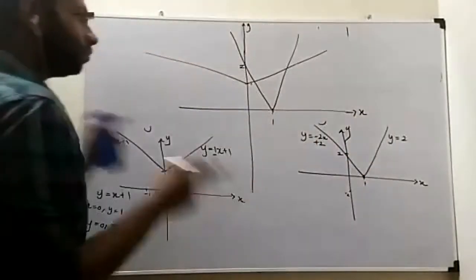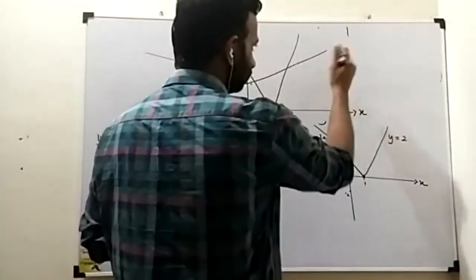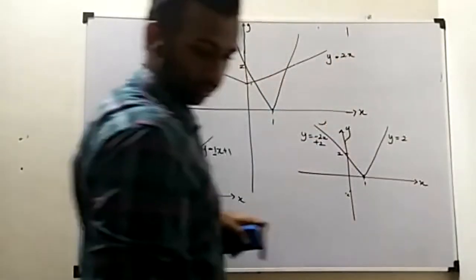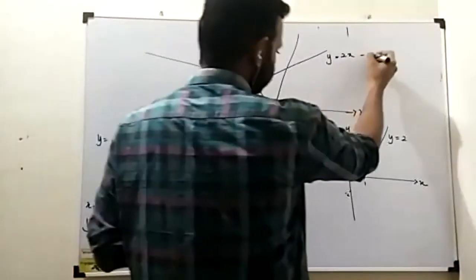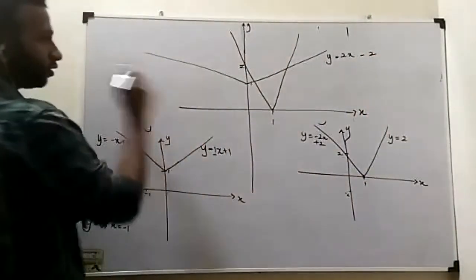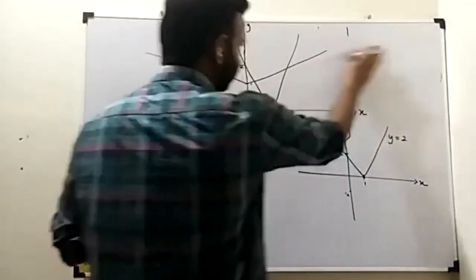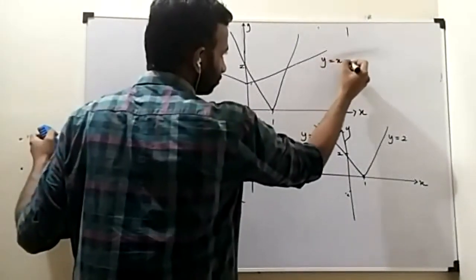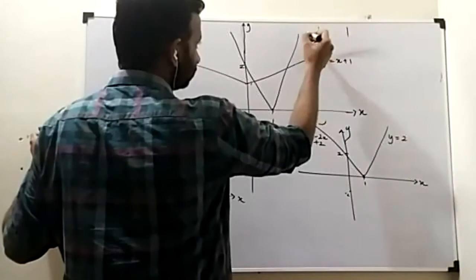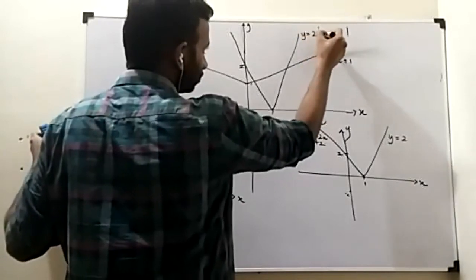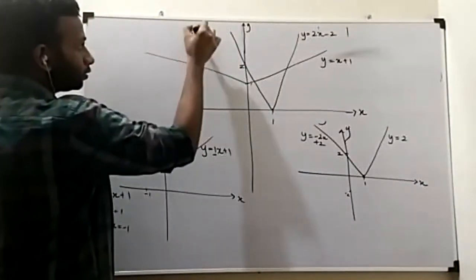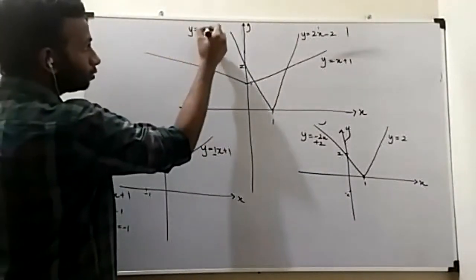And always remember, put the values for the graphs as well. So this is y equals 2x minus 2, I think. This graph is y equals x plus 1. This is y equals 2x minus 2. This is y equals minus 2x plus 2.